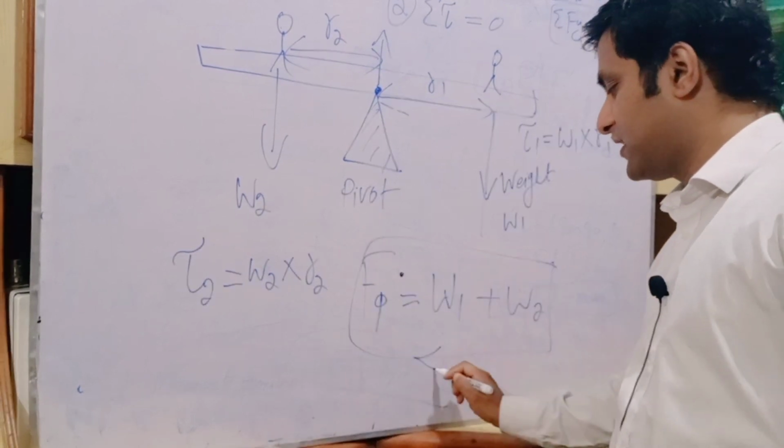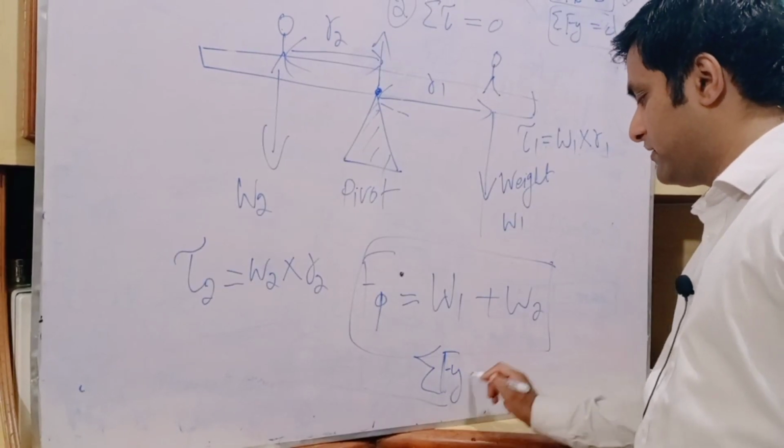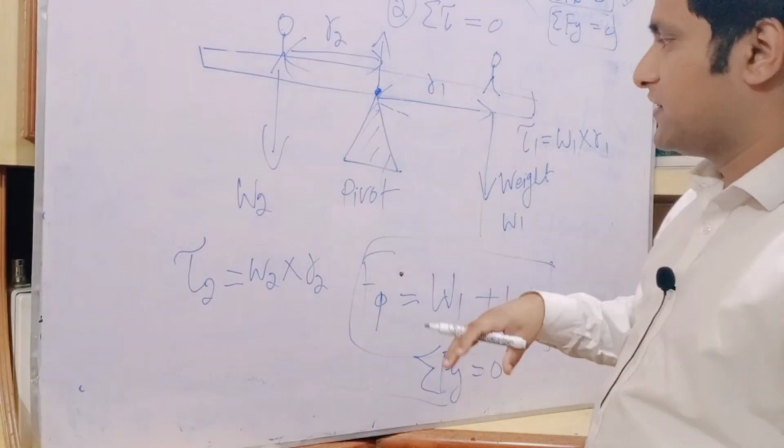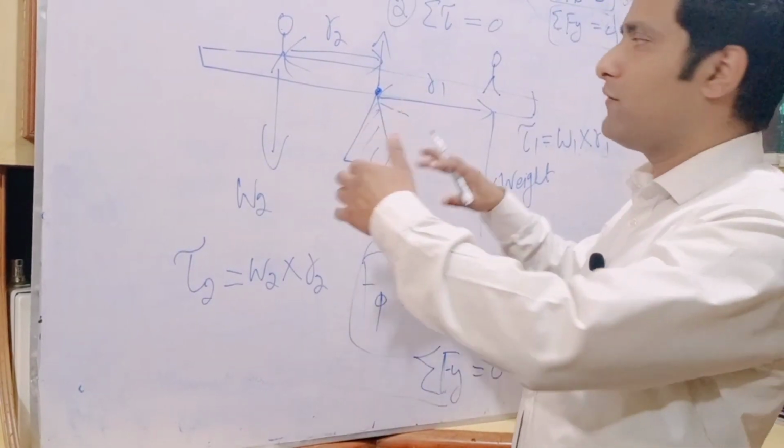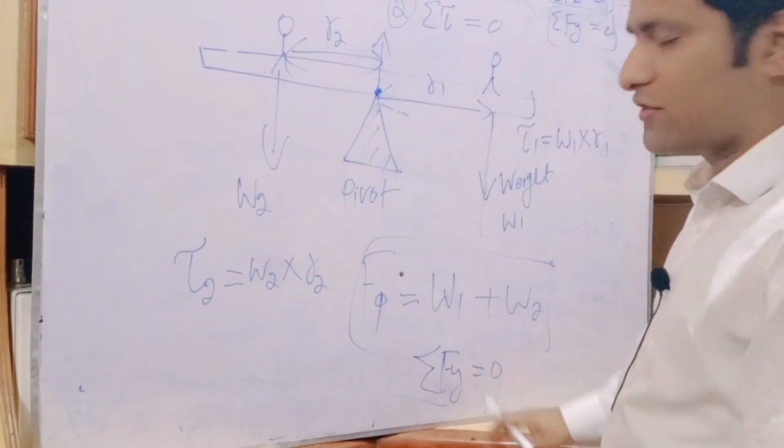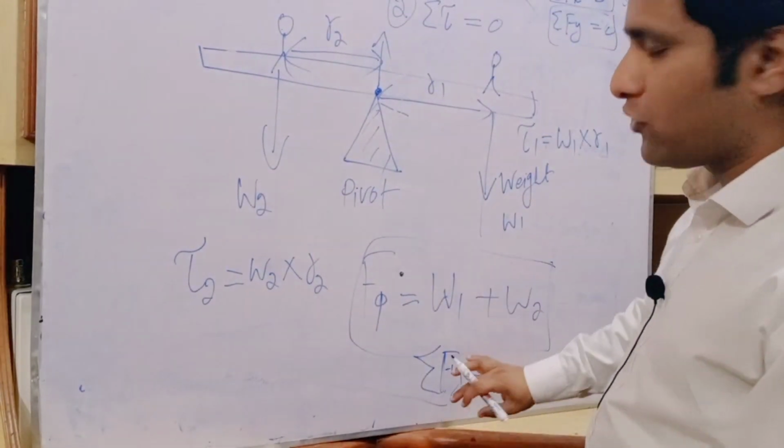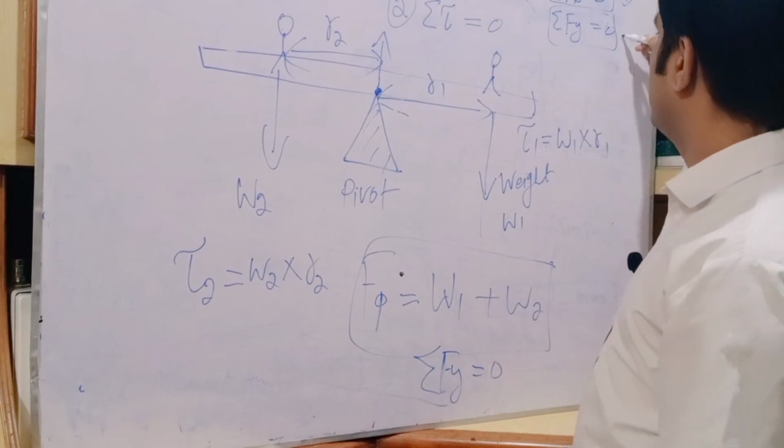This is sum of Fy equal to 0: the sum of all the downward forces is equal to the sum of all the upward forces. This is a part of the first condition.